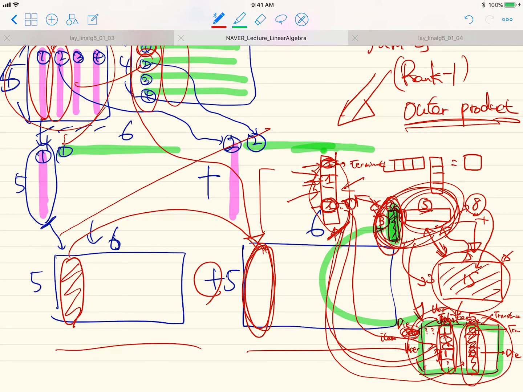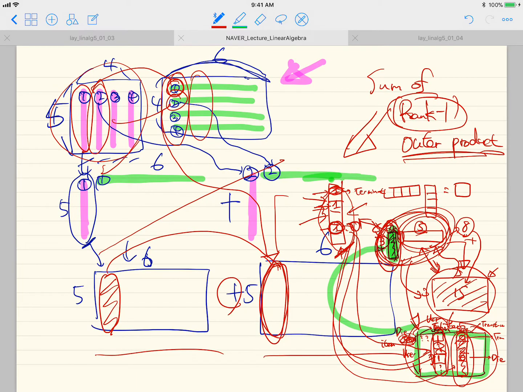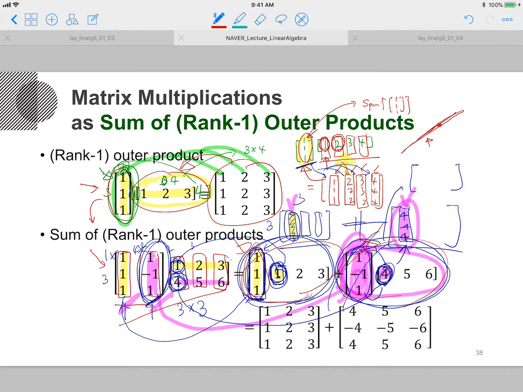And then this rank 1. You might be curious about what rank 1 means, but we will study it a little later on, in more detail. Okay, so in summary, we studied the perspective of matrix multiplication as a linear combination of columns and of rows, right?